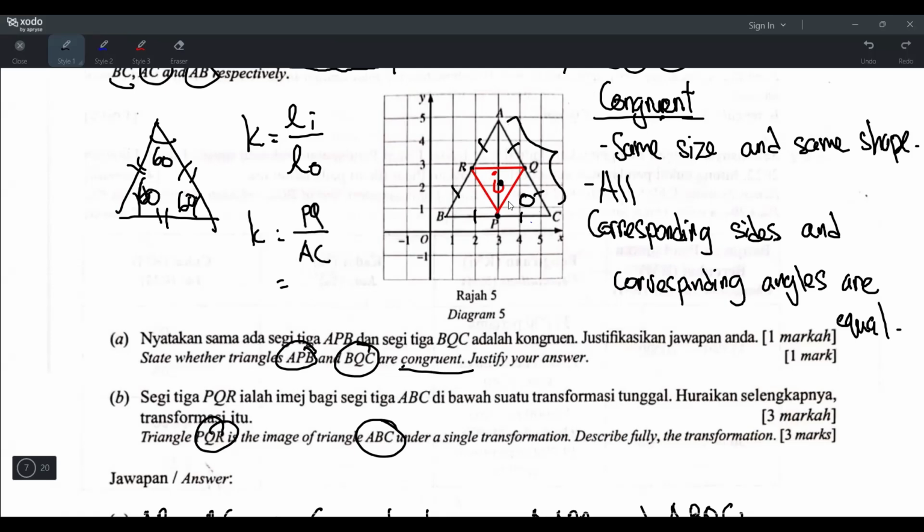Ataupun you boleh cakap PR pun boleh. Yeah. Wait, let me think. This one C with actually it's PR lah, guys. Yeah, the corresponding side is PR because the whole thing inverted already, right? So actually it's PR punya panjang. Okay, PR punya panjang bahagi AC, image bahagi object. Okay, this one is the corresponding.